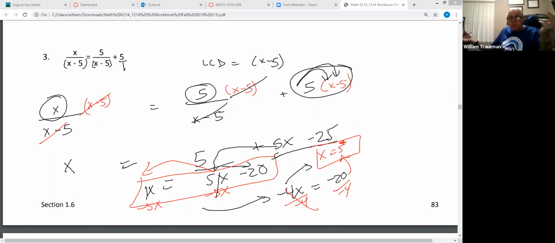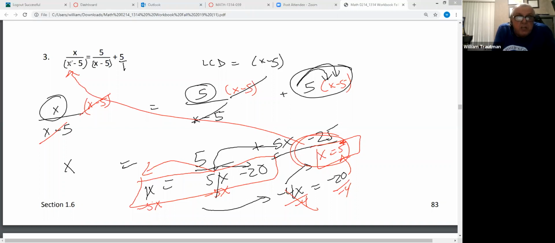There's no solution. The reason why there's no solution is anytime you deal with these rational equations and we're solving, before we were just simplifying, and then don't forget we talked about the domain. The bottom cannot equal 0. Look what happens when we put this 5 back in. If I put 5 in here, what happens to the bottom?